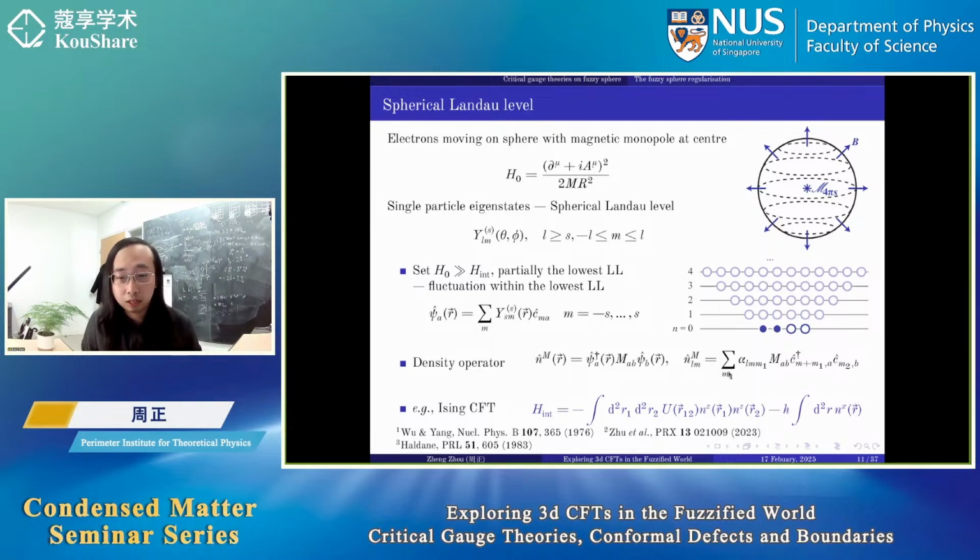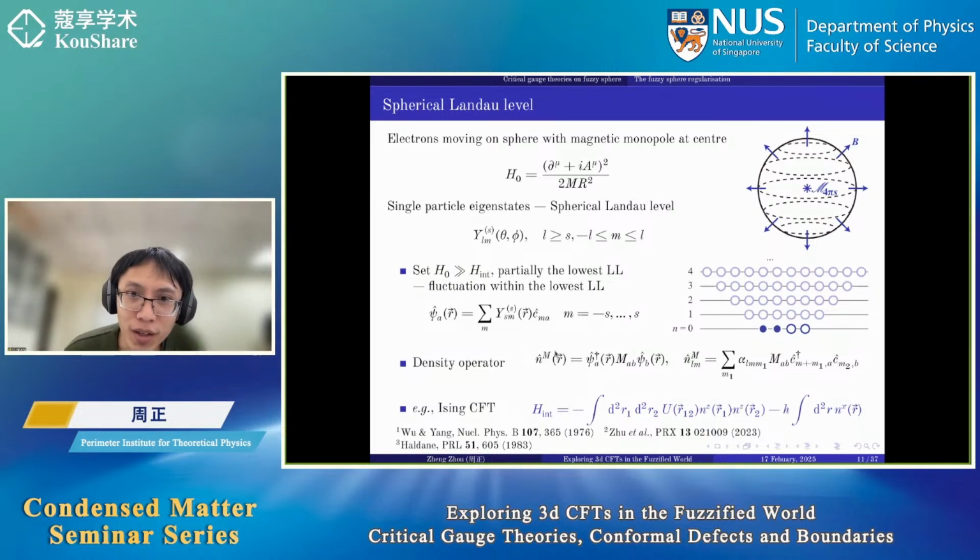For example, for the Ising CFT, we only need a density-density interaction in the z direction and a polarizing term that favors the x direction. That's how we write down the model to put the simplest Ising theory onto the fuzzy sphere.